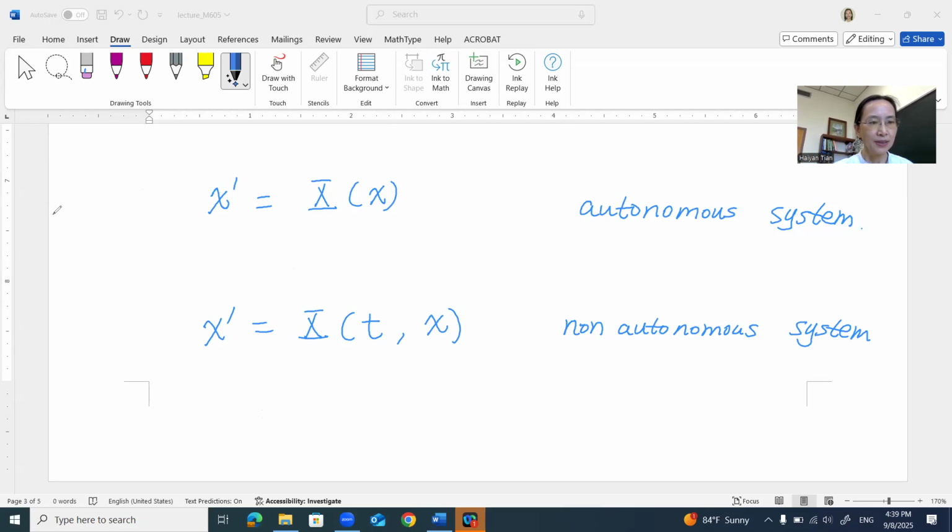Let's look at a system that is autonomous. Here's one example. Suppose I have x1, x2, and the derivative of this vector is x2, negative 10 sine x1 minus x2.